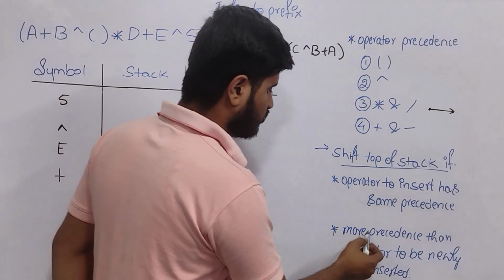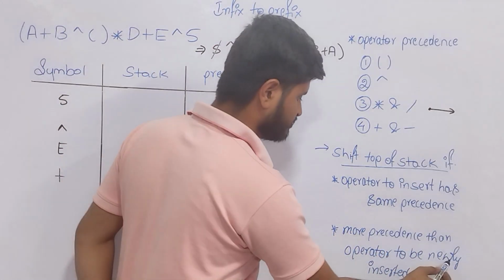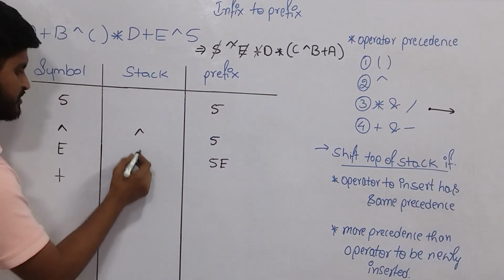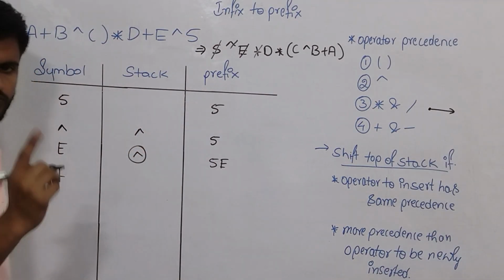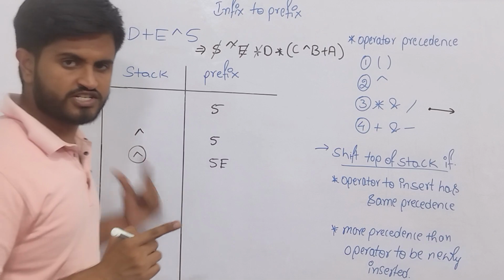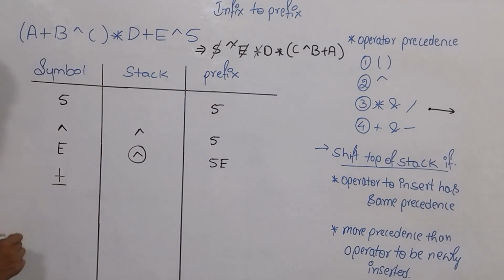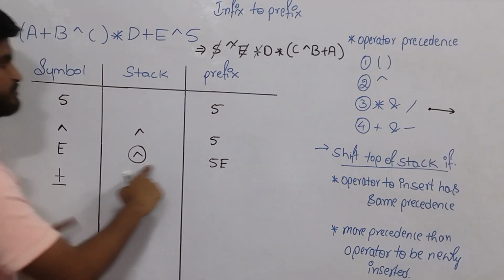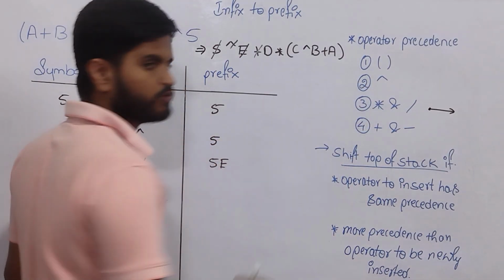Next, the stack operator has more precedence than the operator to be newly inserted. If you see here, at the top of the stack only one element is there, that is exponential power. Now I must insert plus. Among plus and exponential power, which has more precedence? Exponential.